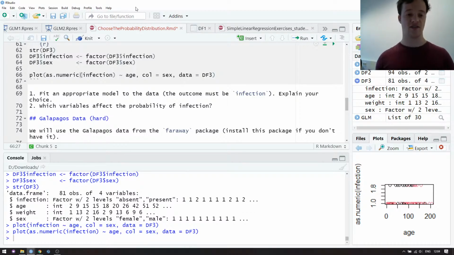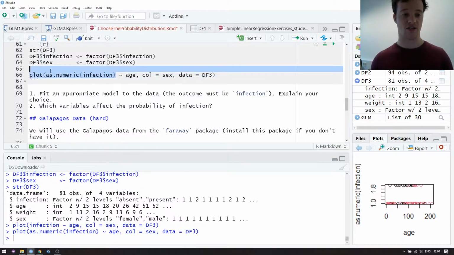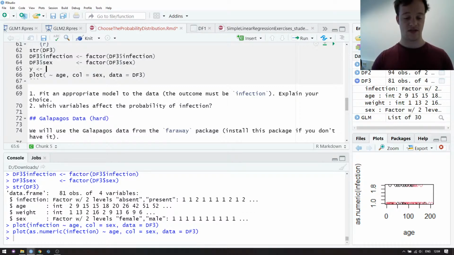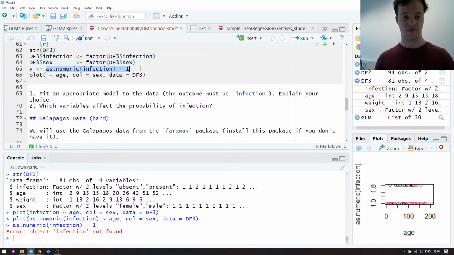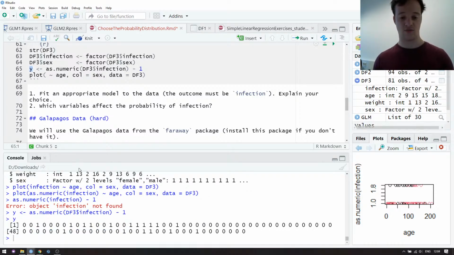So the way to do that is I will just create a new variable. It's easier. So outcome y is this minus 1, and that will always be equal to 0 or 1. Oh, not found. df3 like this, yeah? So if I run this, I will have a vector with a bunch of zeros and ones, and then I can plot this y against age.